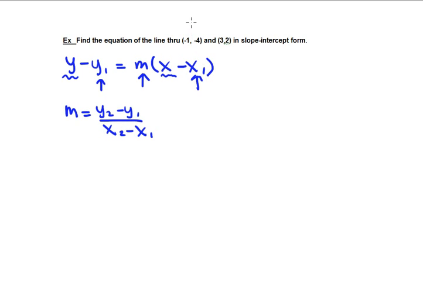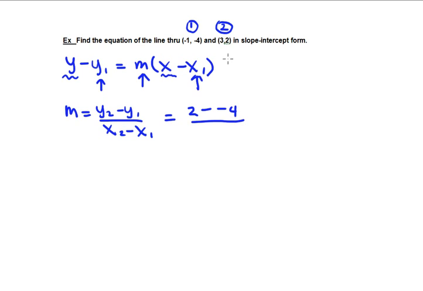And if we call this our first point and this our second point, we can then plug in those coordinates into the equation. So y2 is equal to 2. y1, so we got a subtraction here from the formula. y1 is equal to a negative 4, so we have to be a little careful here.